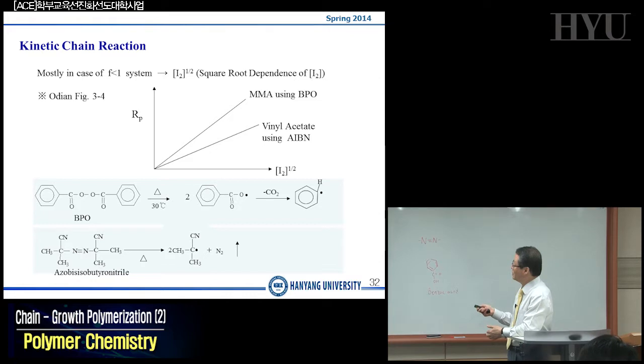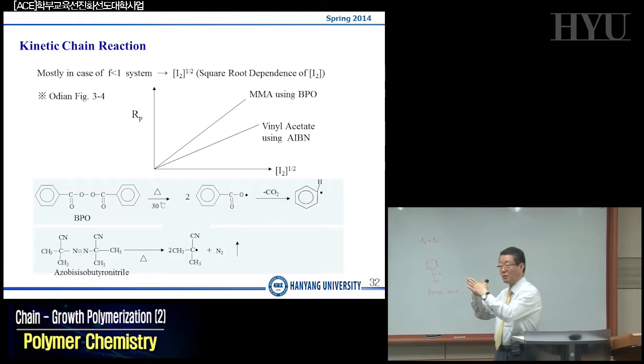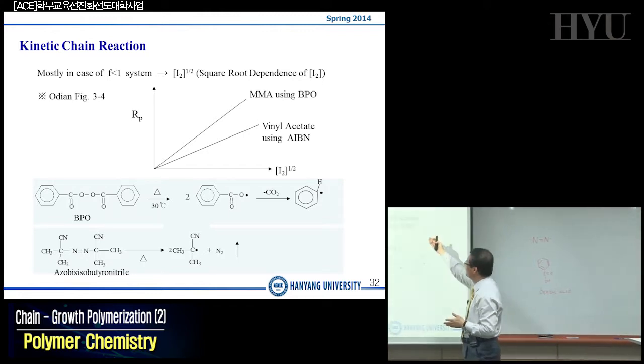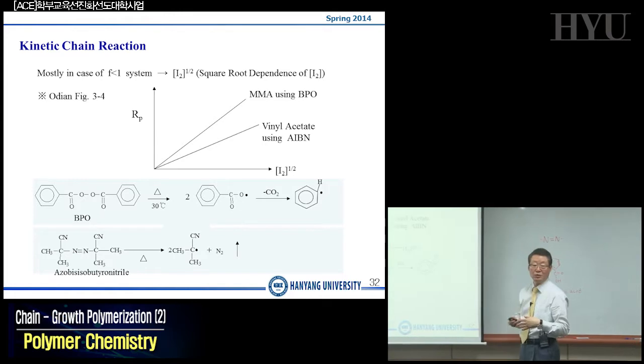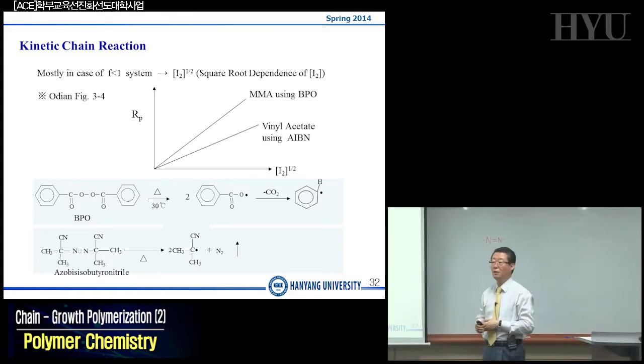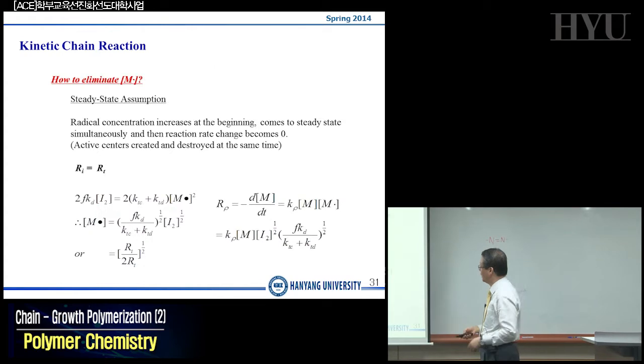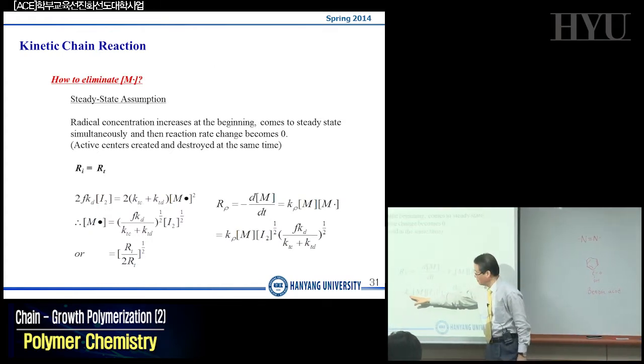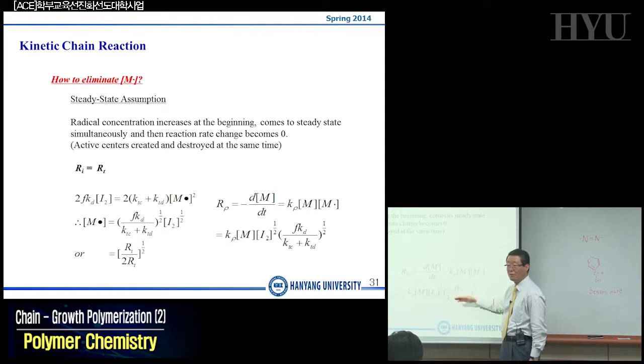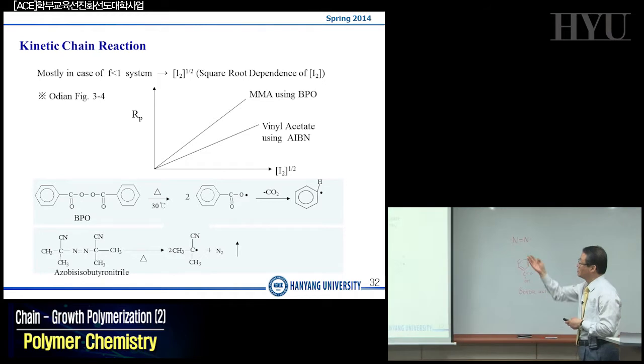If I use vinyl acetate with AIBN, azobisisobutyronitrile, you have a linear slope, although the slope is different with a different monomer and a different initiator. It's linear, meaning that you have different Kp and different constants, because these rate constants are a little different depending upon your polymerization systems with different monomers and initiators.